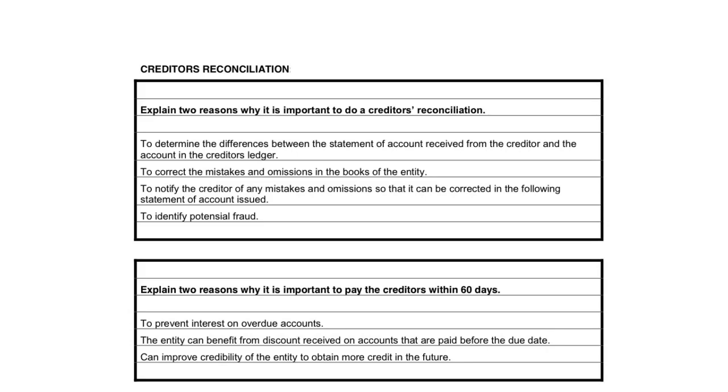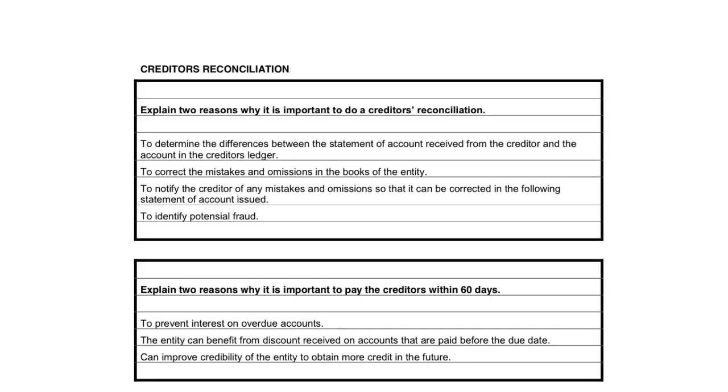So it is very important that you correct these mistakes in your books and record all the omissions that were not done in your books. Then you will look at the statement that you receive from your creditor, and you will see all the things that they did incorrectly or where they omitted entries, so that you can notify the creditor about these mistakes and omissions so that they can correct it in the following statement of account that you will receive the following month.